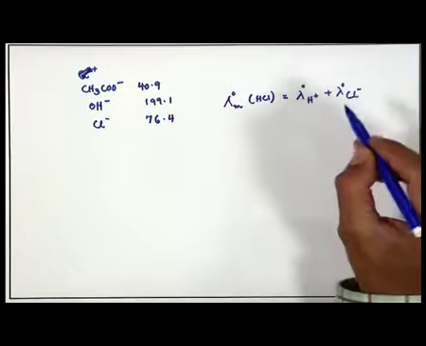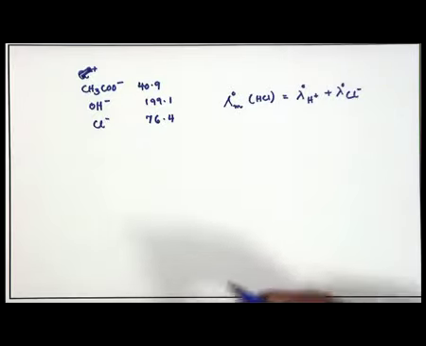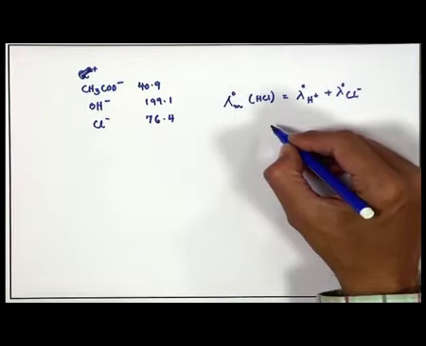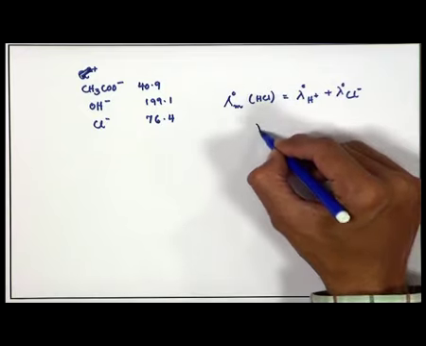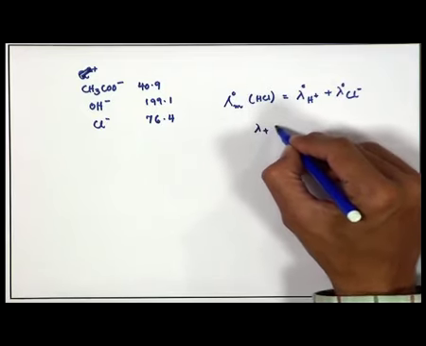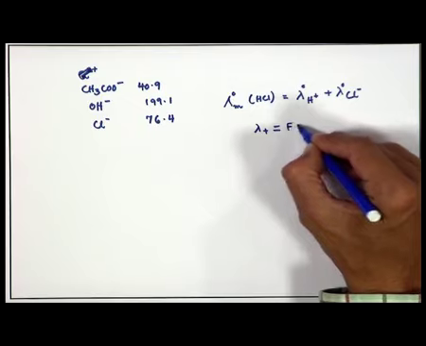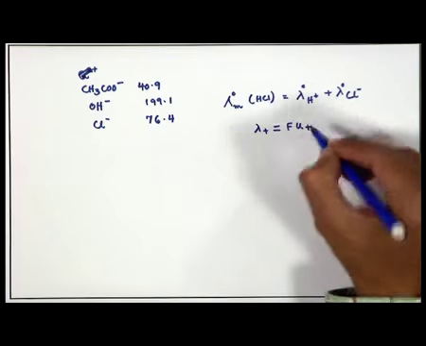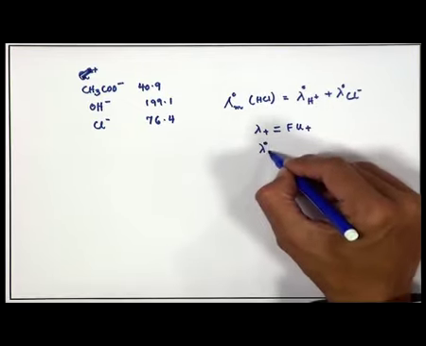But the best way is to find out the mobility of ions, where lambda 0 plus is equal to F into U plus 0.